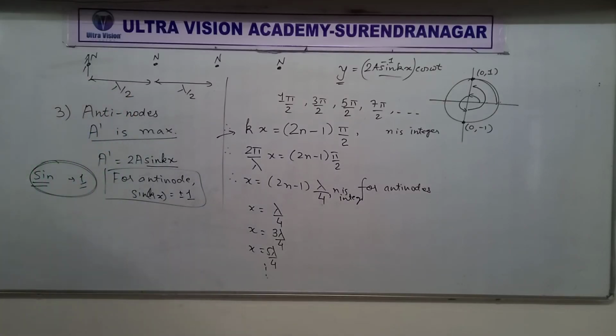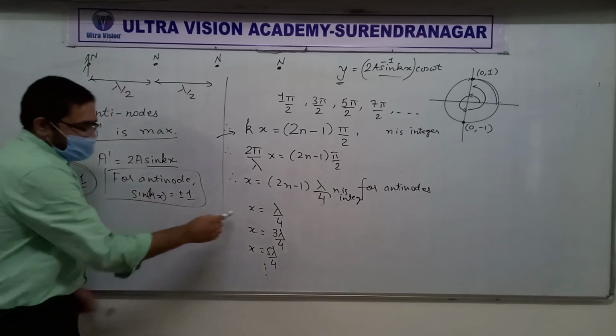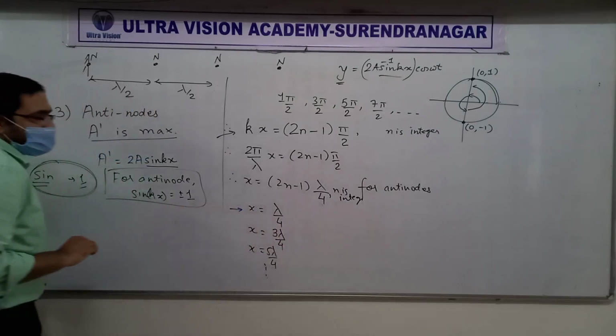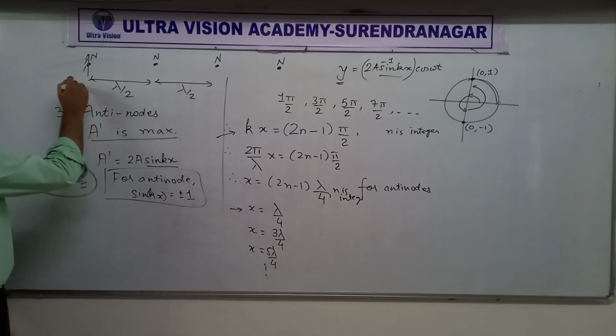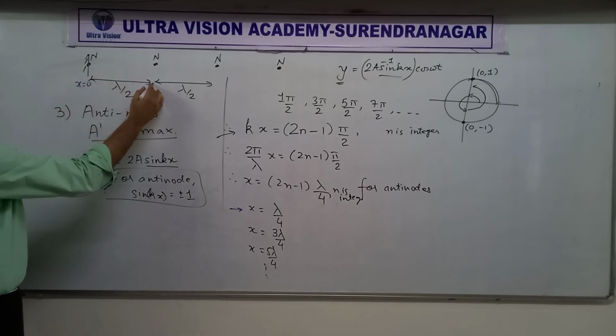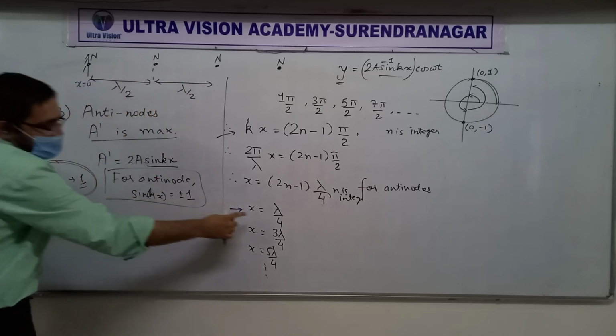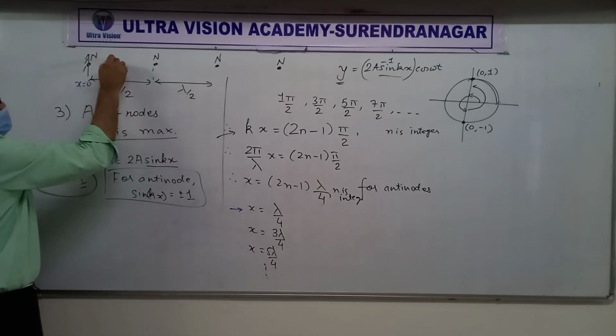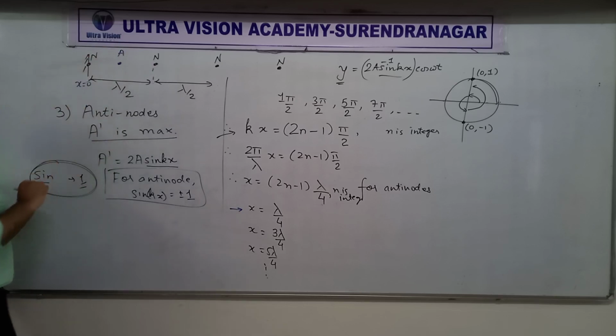Now let's draw that in our picture. Here, the first one is at which distance? x equal to lambda by 4. See, this is x equal to 0, this is x equal to lambda by 2, and here we want lambda by 4. So, half of that. Did you understand the first antinode A?